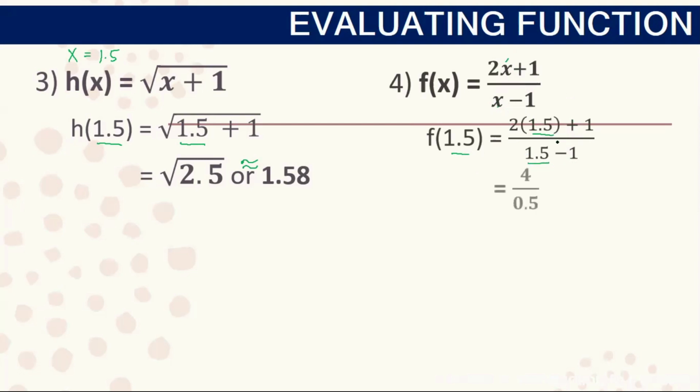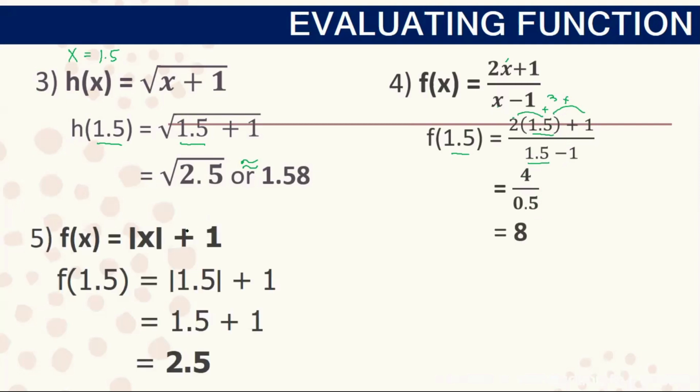Then simplify. 2 times 1.5 is 3 plus 1, it's 4. Then in the denominator, 1.5 minus 1, we get 0.5. Then simplify. 4 divided by 0.5, the answer is 8.